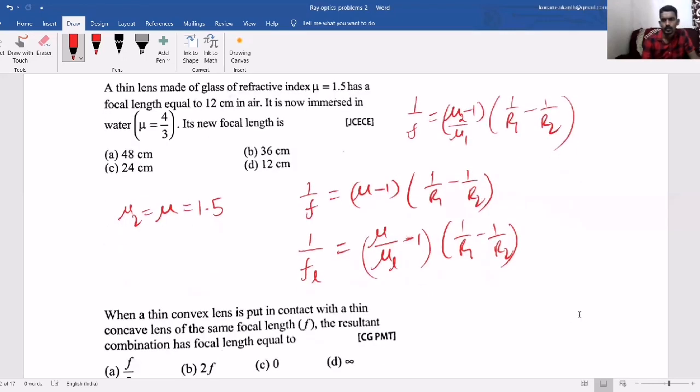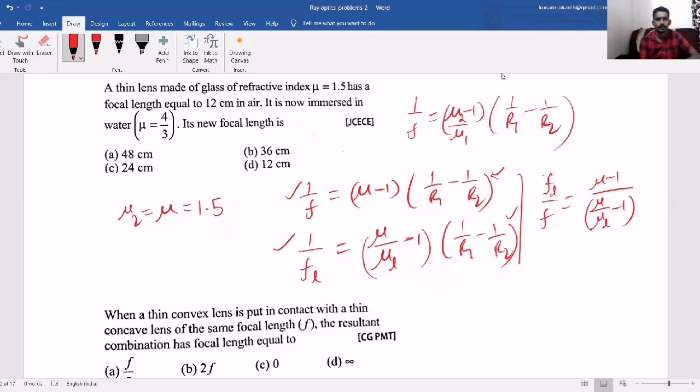So 1 by F by 1 by FL becomes FL by F. These two terms get cancelled, so we get mu minus 1 by mu L minus 1.